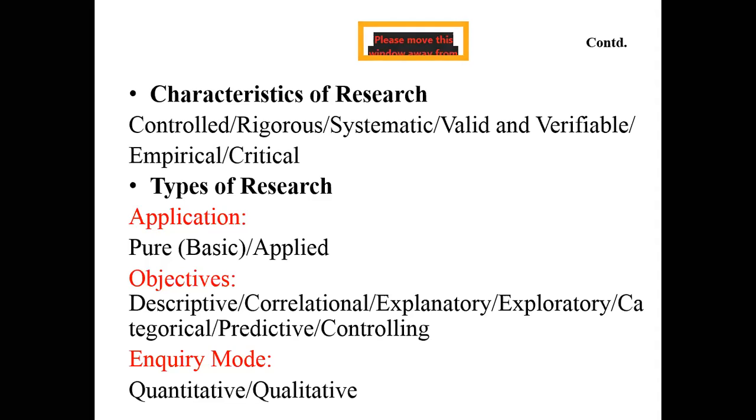So on the basis of application, it means this research is applied or it is a non-applied type of research. We can categorize the research into basic and applied research, or pure and applied research. Pure and basic are the same. So pure or basic research is that research which is not going to make a new product instantaneously.